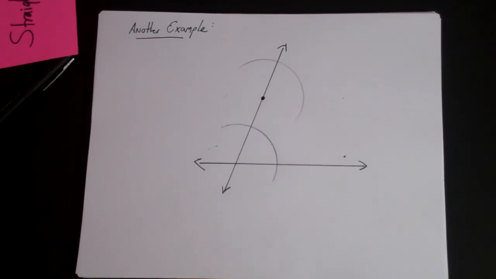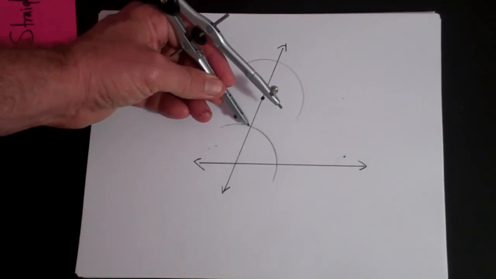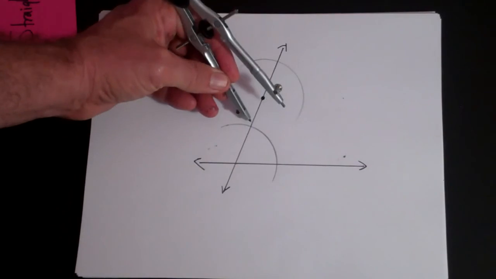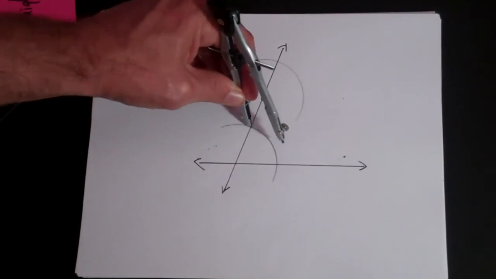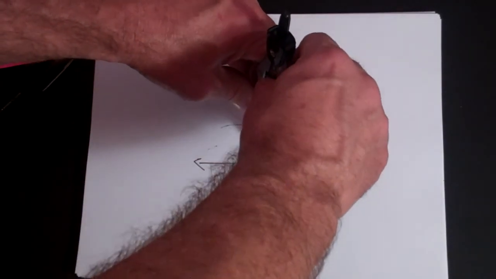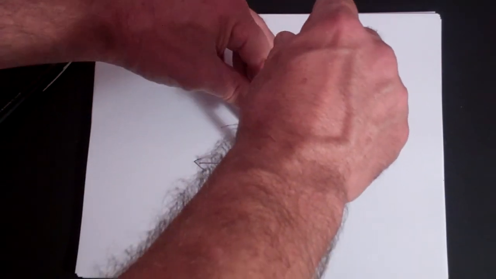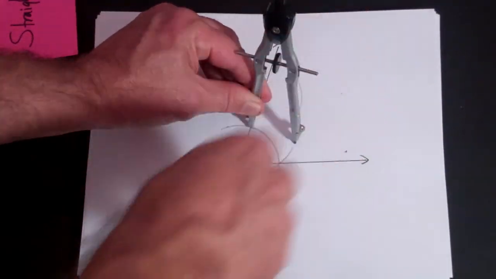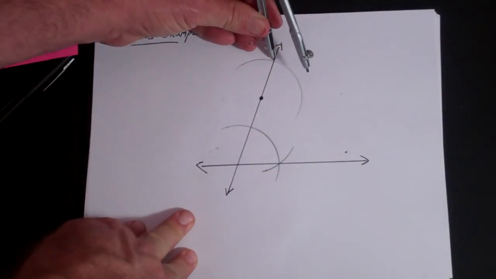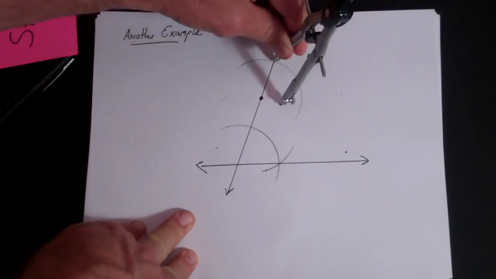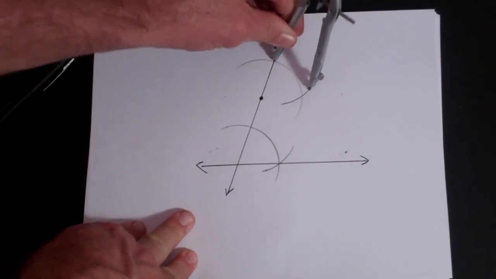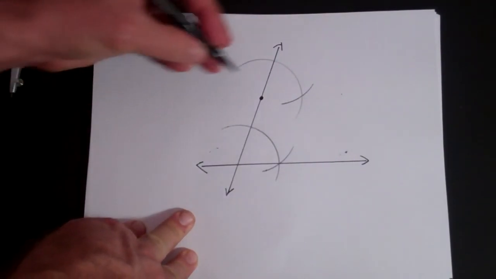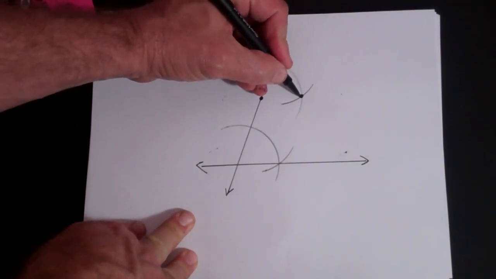Now, where the original arc crosses the transversal, you're going to measure where it crosses the original line. That distance right there. Then you replicate that from the top here, right there, and you'll get a point right there.